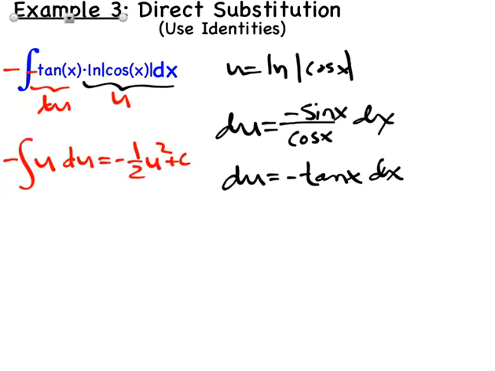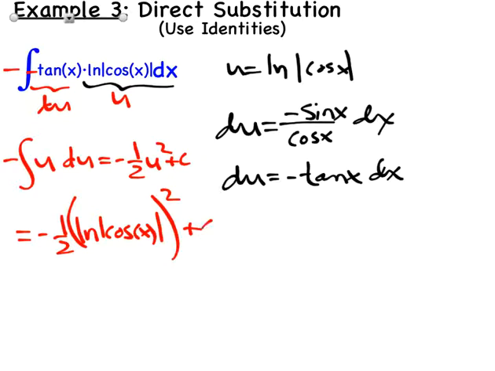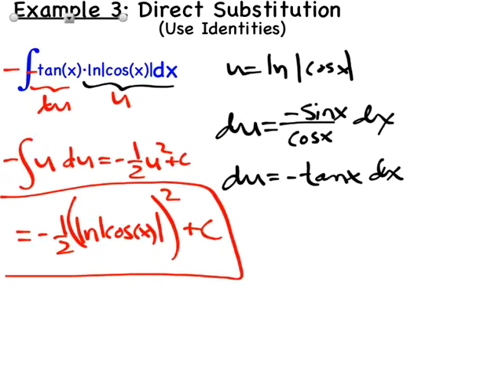And this time we'll be putting the natural log of cosine of x in place of u, and this whole thing is being squared. And there's our answer for number 3.